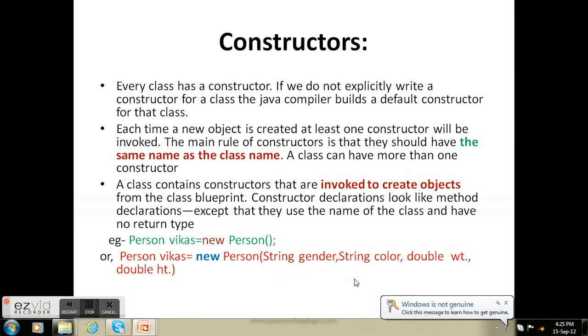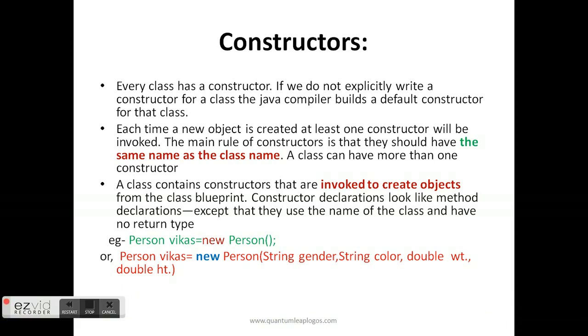String gender is one parameter, string color is one parameter, double weight is one parameter, double height is one parameter. So one constructor is possible like new Person with string gender, and another like new Person with string color only. So this is a different signature.